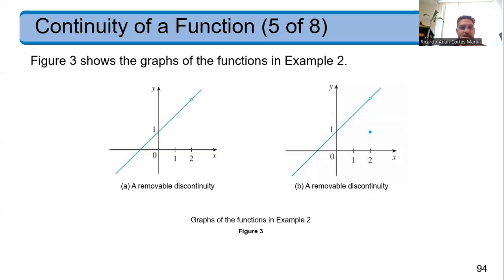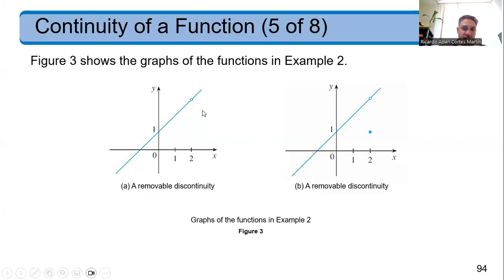So, what kind of discontinuities do we have? We have removable discontinuities like this. They are discontinuities where it's only one piece of the function. Okay, so there's no problem.